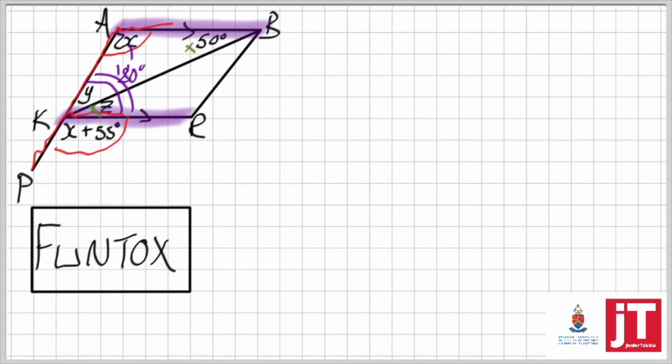There, the z and the 50 degrees is the same, because, just going to highlight this for you also in green here, there is a z there. So let's start there, because that's an easy one. Easy marks, first of all. z must be 50 degrees. y, alternate angles.